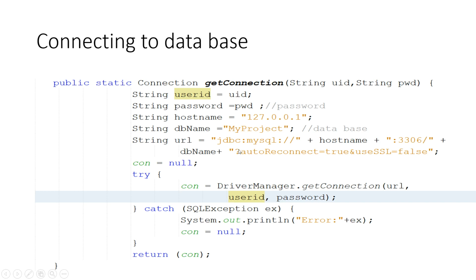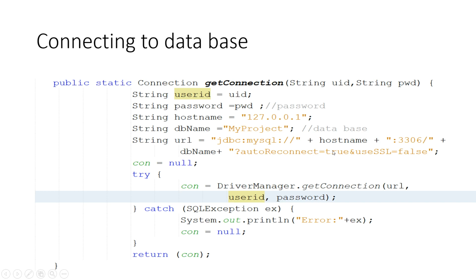Then, there are some cases where it may not be possible to connect, so it will keep trying. When the number of attempts is reached, it gives an error message if unable to connect. So use this string part, autoReconnect equal to true.